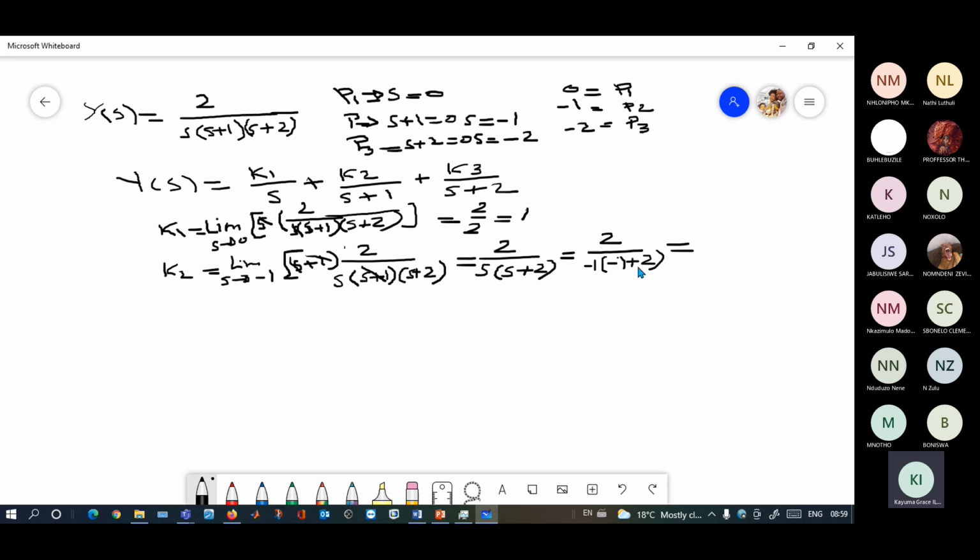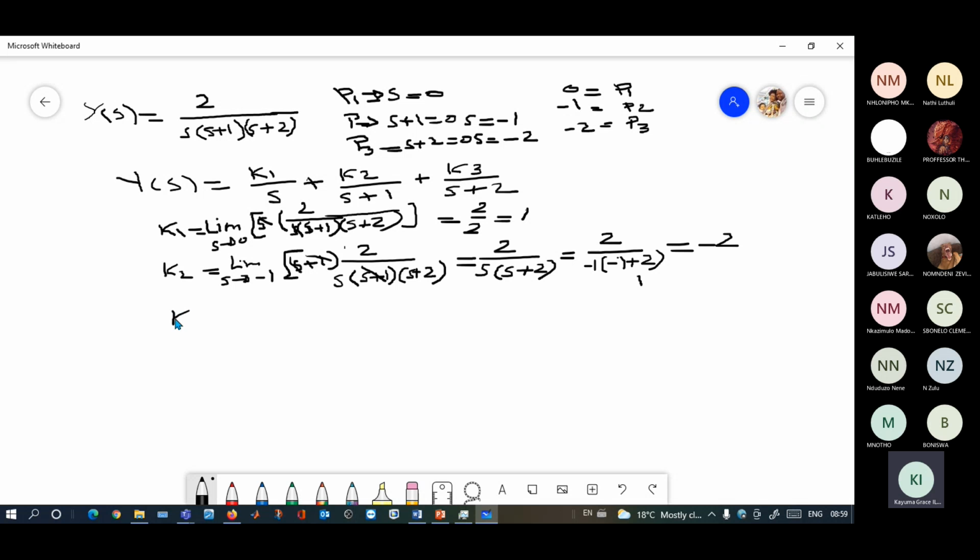So this one gives us 1, minus 1 times 1 gives us minus 1, so 2 over minus 1 gives you minus 2. This is what we have there.